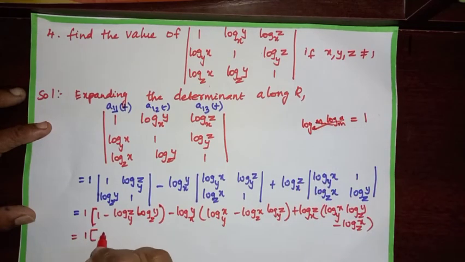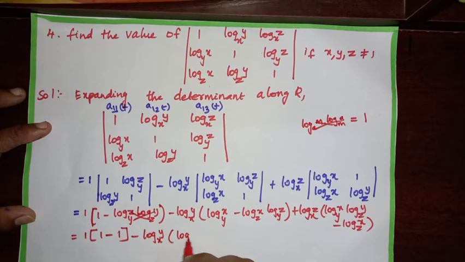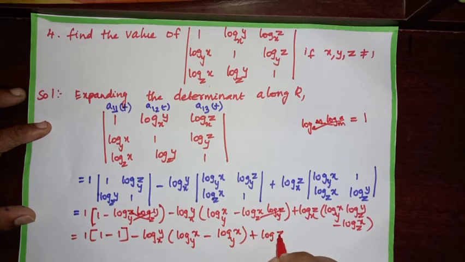Then we have 1 minus 1, minus log y with base x into (log x with base y minus log x with base y, here also log z and z), plus log z with base x into (log x with base z minus log x with base z). 1 minus 1 is 0.